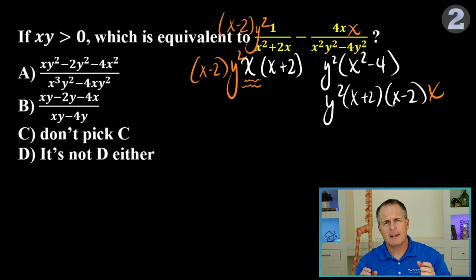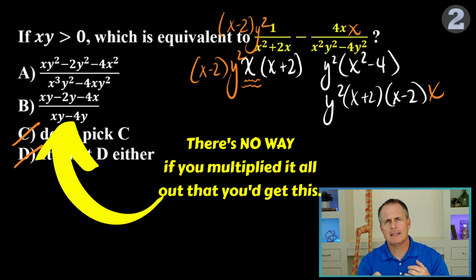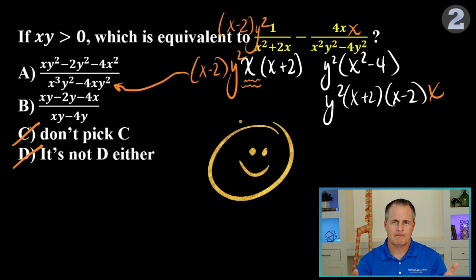So once you get those two denominators to be exactly the same, it's time to subtract the numerators. However, if you look at the answer choices, it's pretty clear it's not C or D. So look at A and B. Which one of those two has the right denominator? Answer choice A. So we don't even have to do the subtracting.